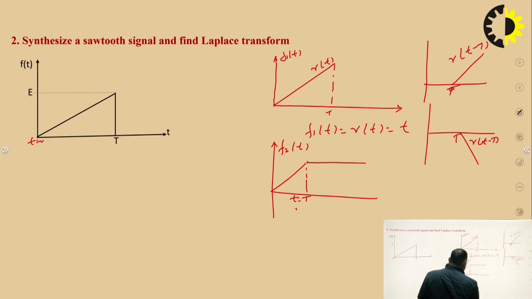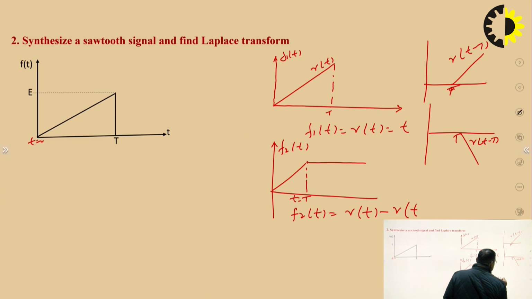So we can write the mathematical expression for this, f2(t) is r(t) minus r(t minus T). This is the equation of this line. What we have done is just add a negative slope here, so instead of increasing linearly with time, it becomes constant.